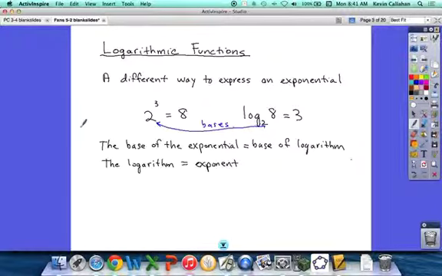Now, in the reordering of things here, notice that the logarithm equals, and look on the other side of the logarithm, what does it equal? It equals what was the exponent of the exponential.